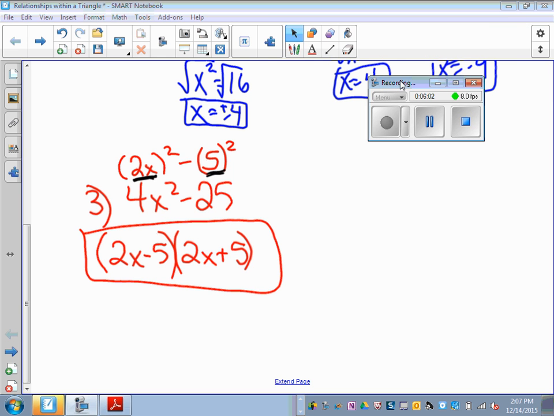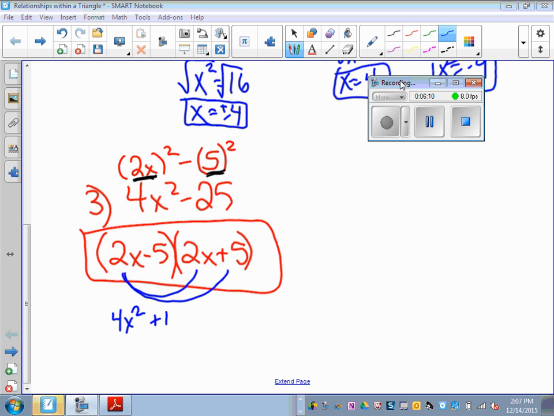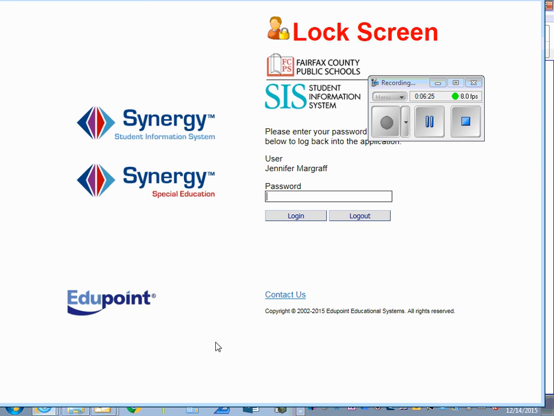So if I were to FOIL this back out, 2x times 2x would be 4x squared. Then 2x times 5 would be 10x. Minus 10x minus 25. The positive 10x and negative 10x cancel each other out. Oh yeah, never mind. I was thinking just times it in the first one, so you don't have to. Yes.